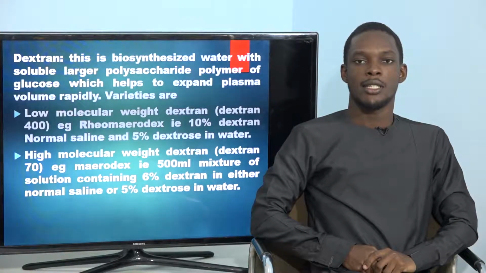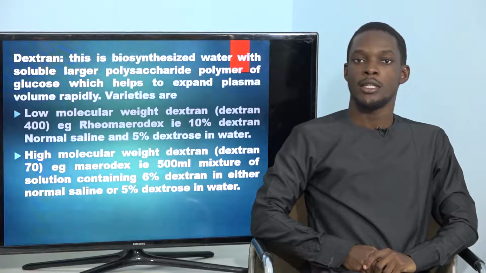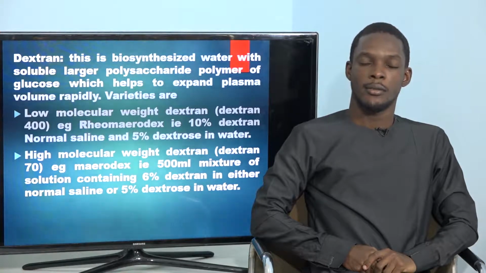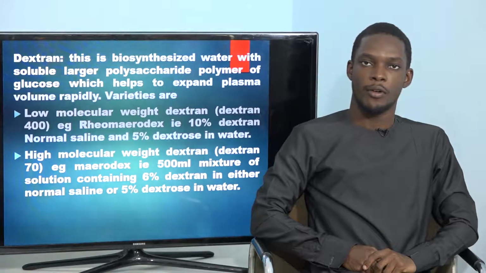Dextran is a synthesized large polymer of glucose in solution, and it is usually served to increase plasma volume rapidly. As was discussed, osmosis and implications are implicated here, and they cause turgidity or flaccidity as well within the cell.